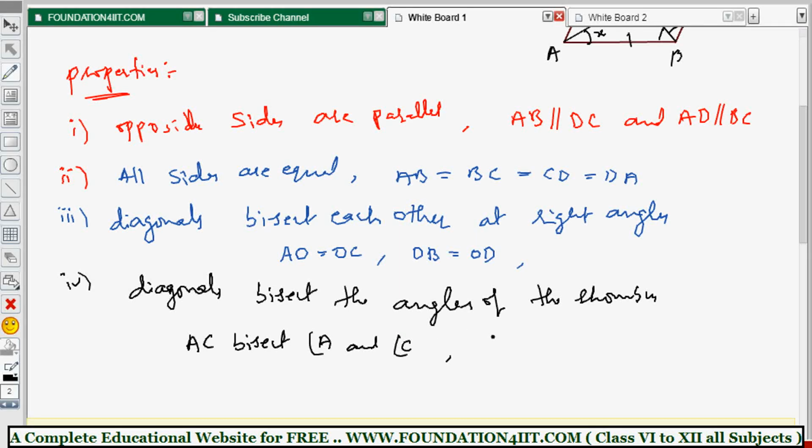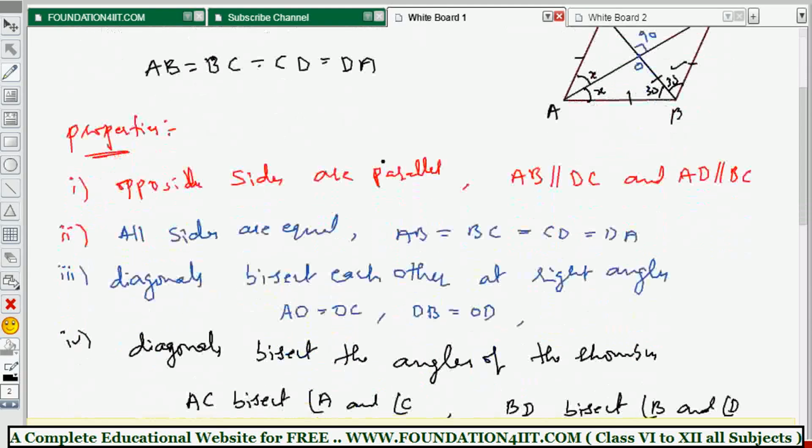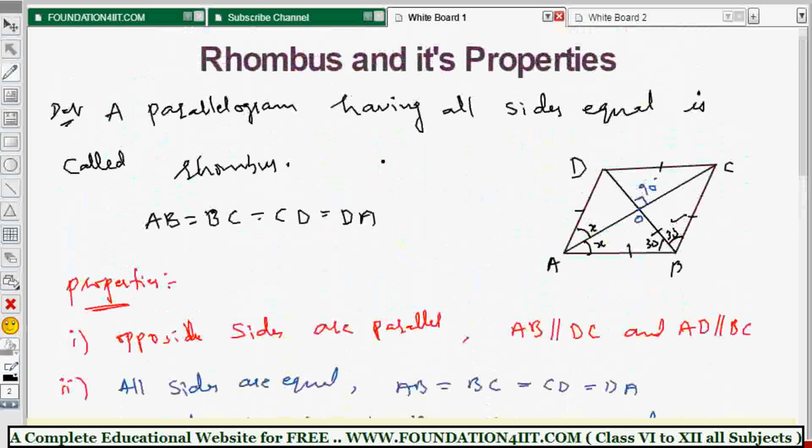Like if it is 60 degrees, it divides into 30 degrees and 30 degrees. Similarly, BD is another diagonal and it bisects angle B and angle D. So you get equal values in both places. In this way they bisect the angles. These are the properties of a rhombus.